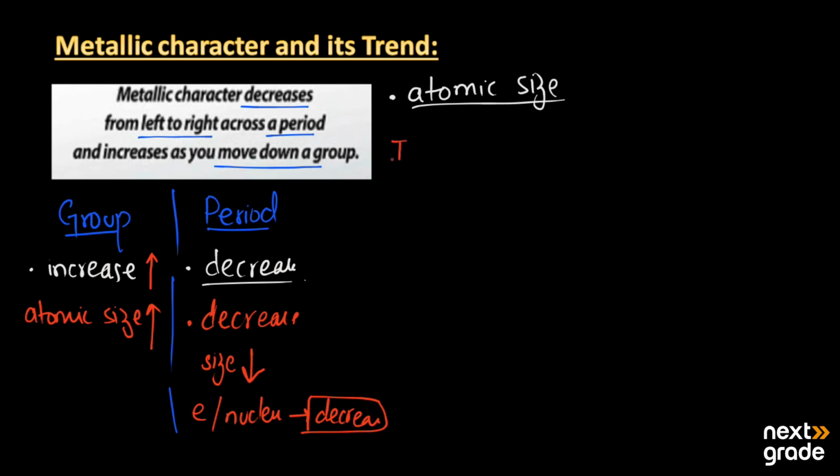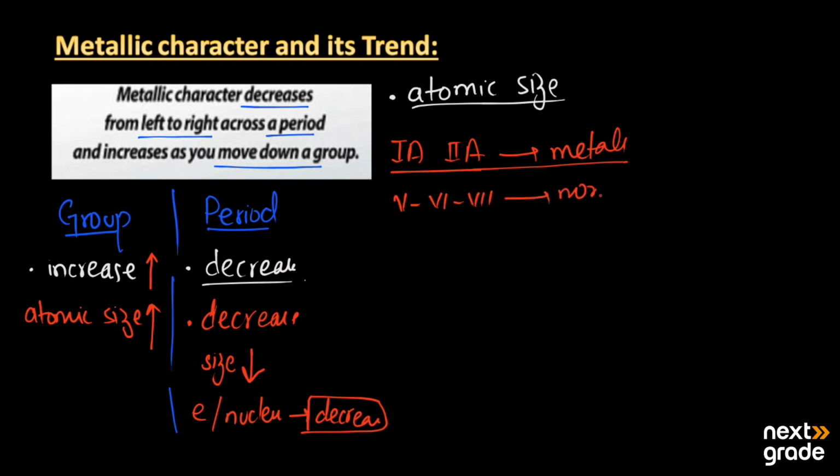In group 1A and group 2A, all of these are metals. Further on, groups 5, 6 and 7 are the non-metals. So the metallic character changes into non-metallic character when we move from left to right.